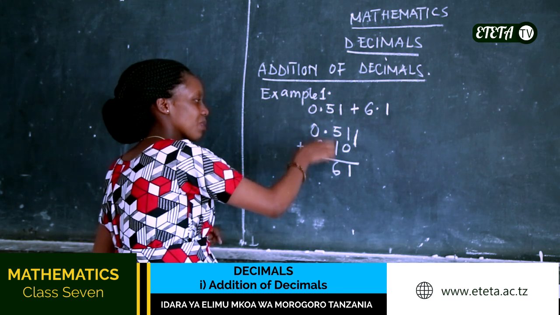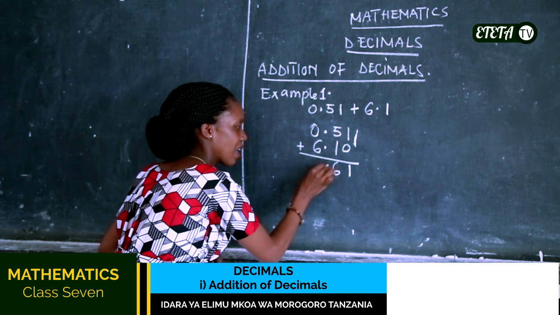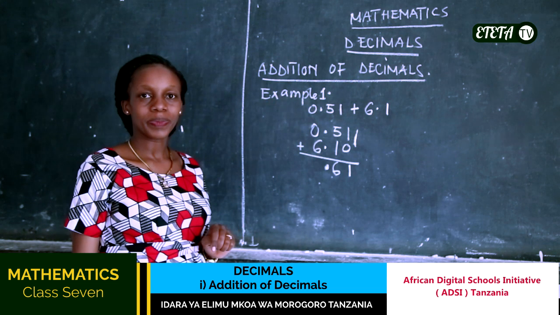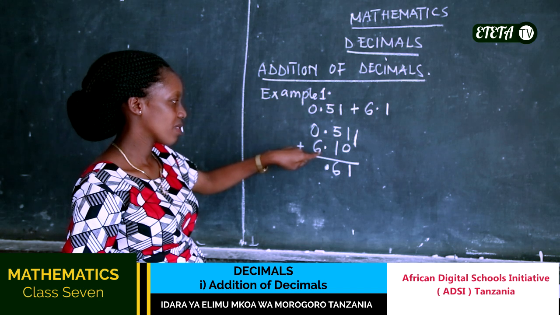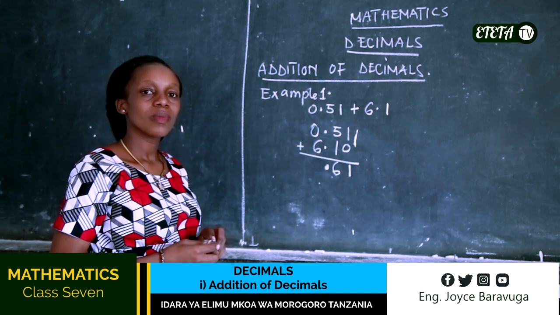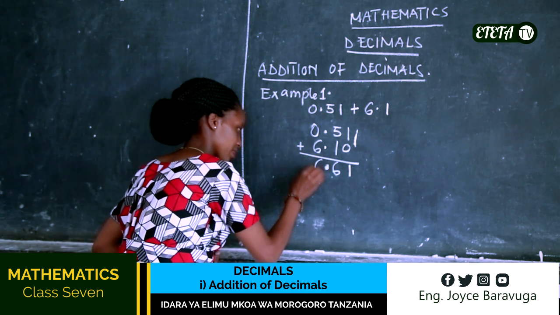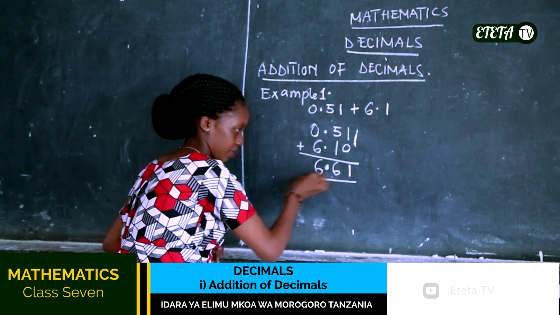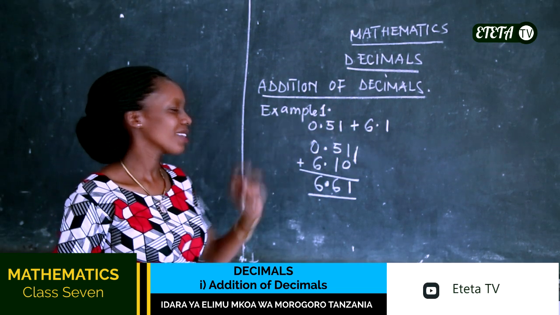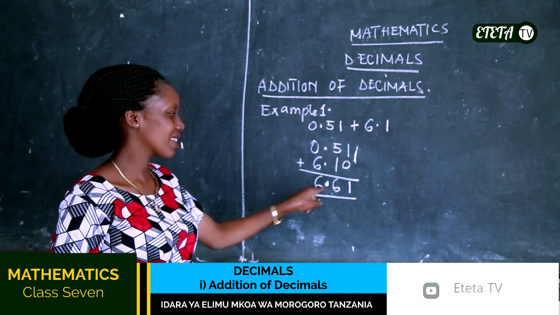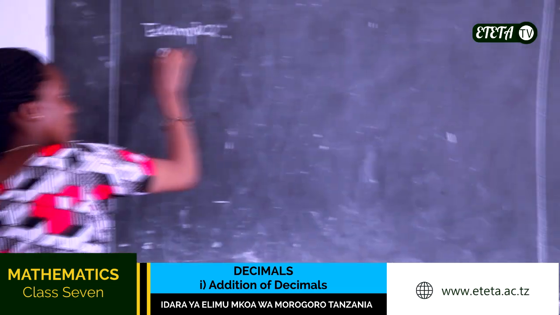Since these decimals are lined up, we are going to put our decimal here. Then we take 0 plus 6. 0 plus 6 is 6. 0.51 plus 6.1, the answer will be 6.61. So let us see another example.